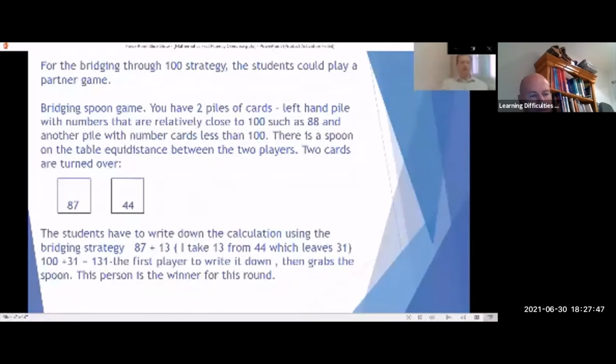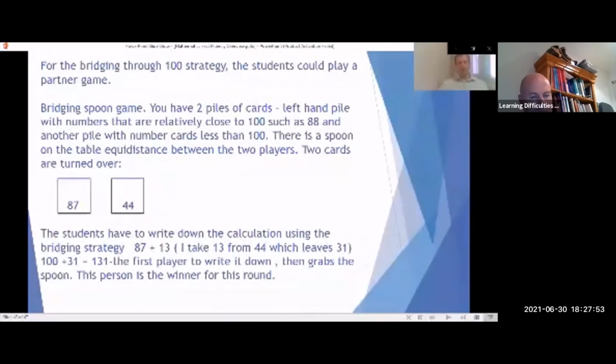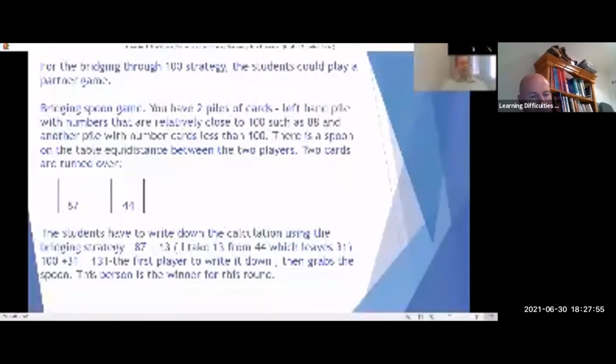The objective of the game is for the students to work out the calculations first, and they need to write it down. Once they've done that, they grab the spoon, and if their answer is correct, they're the winner for the round. In this example, the 2 cards that have been turned over are 87 and 44.